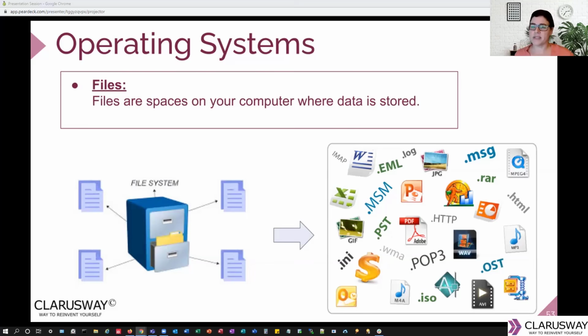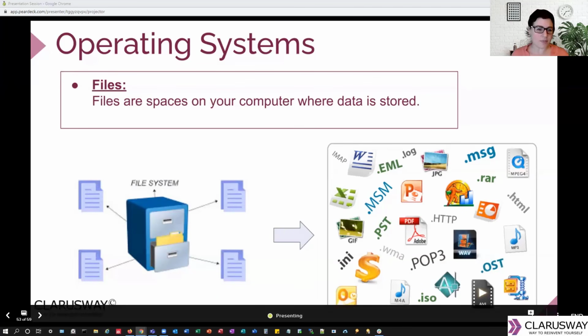So depending on the application or the technology, that application or technology is configured or programmed to read specific file types, and that's where all these extensions come into play.